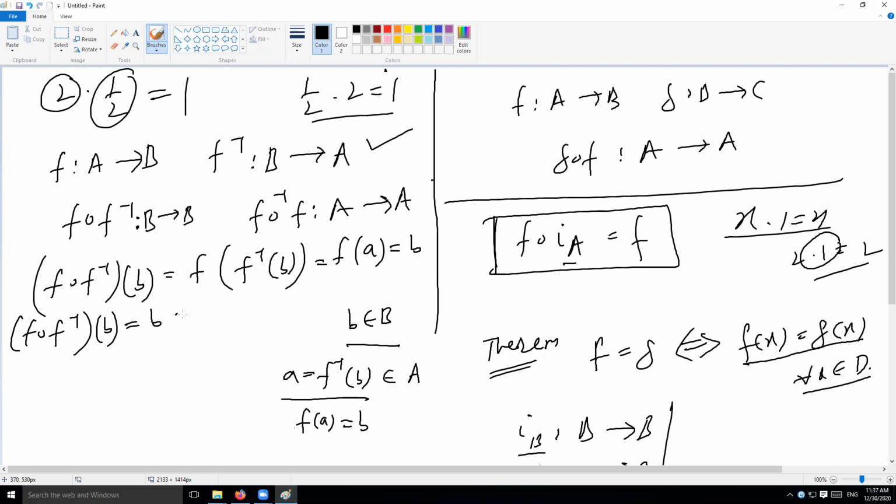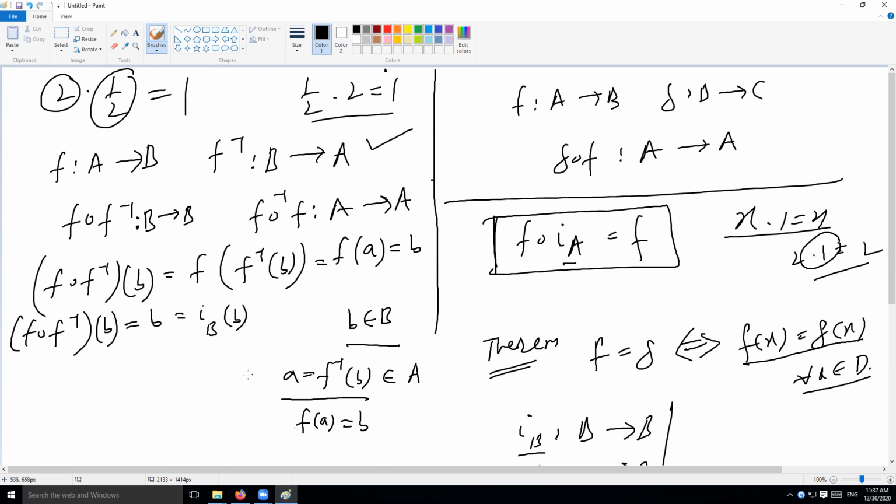But this is the same property that you have in the identity of B as well. Like this property is also there in the identity. Identity also does the same: if you substitute b, it spits out b actually.